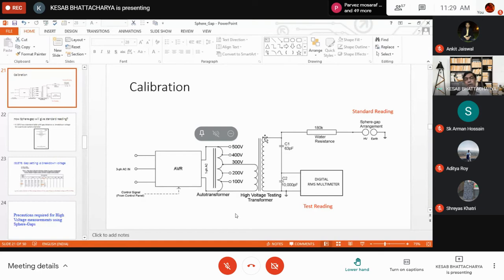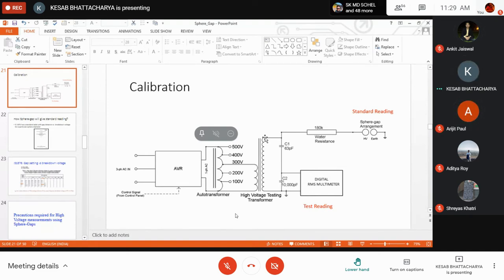Yes sir. Okay. Now again, both C1 and C2 being in series, the same charging current will flow through both of them. Agreed?